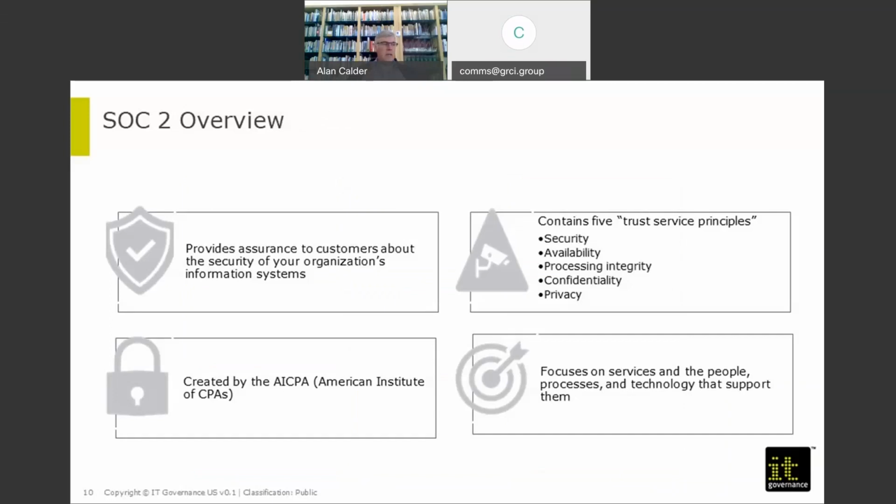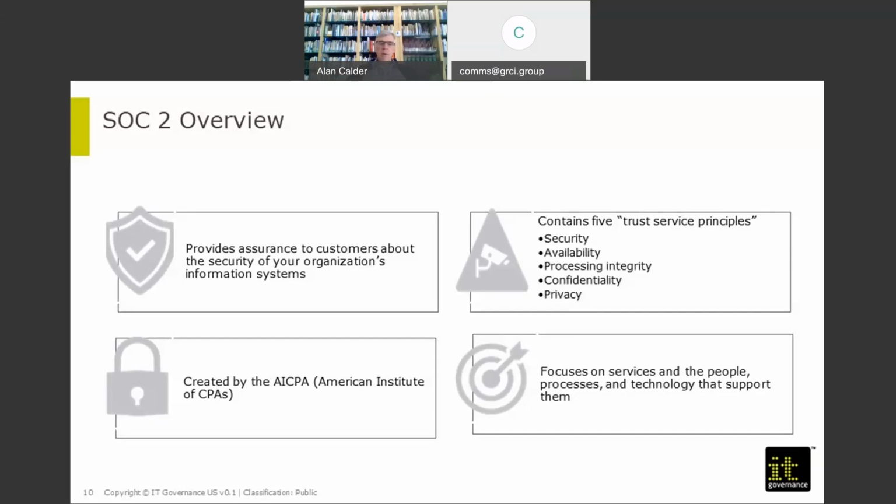Each one of them is written in quite a lot of detail, but there are 5 specific separate trust service principles. SOC 2 is designed to give assurance to an organization's customers that the security of its systems meet a specific technical standard. And SOC 2 is a security standard which is written to give a small number of clients satisfaction that standards are met.